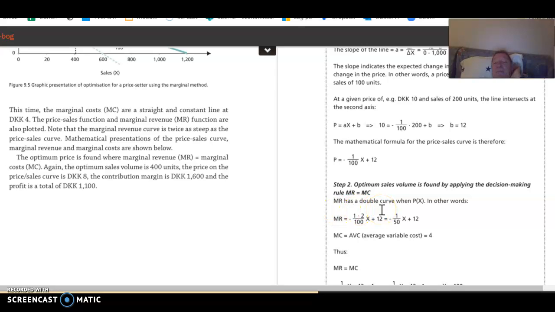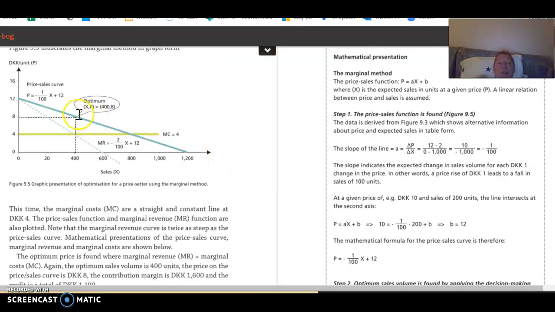And now we can calculate the marginal revenue curve, because we want to use the marginal revenue curve and the marginal cost curve to find the optimum price. The marginal revenue curve has the double slope. You can see it here. It is this line here. It always has the double slope.